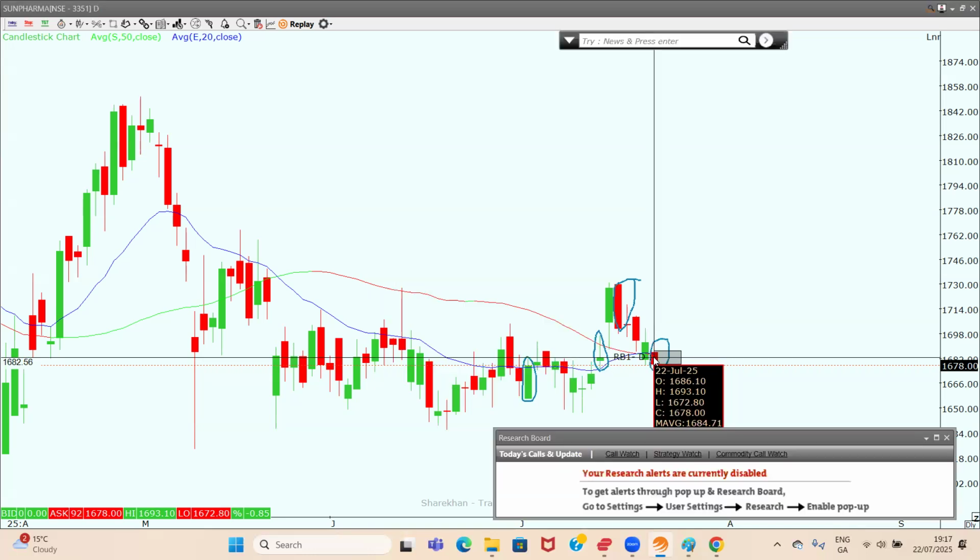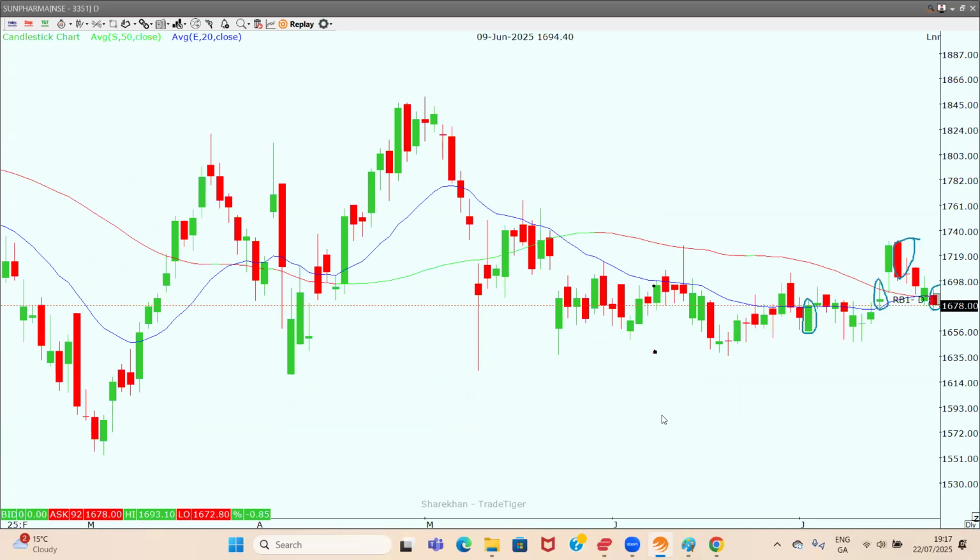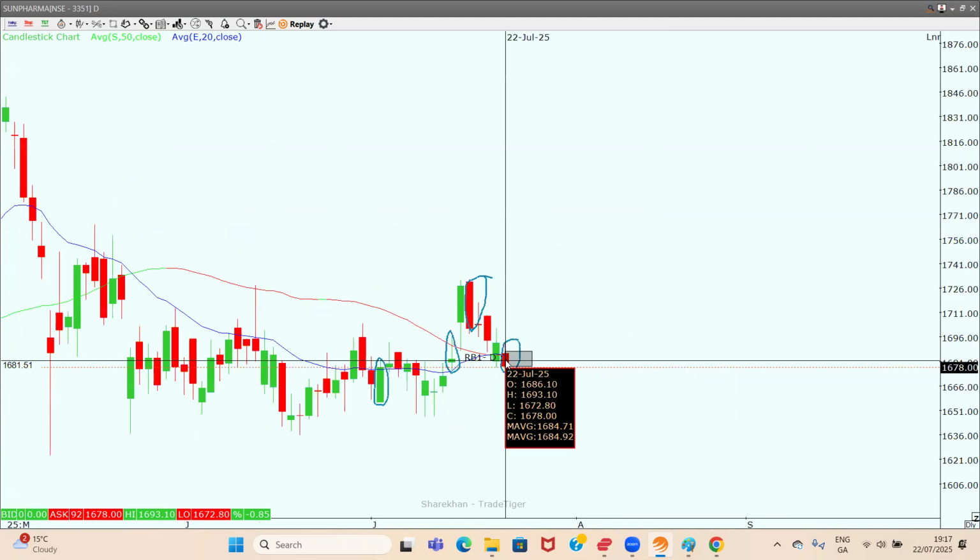You get me? If we are here, 1686 to 1678. So how much has the price moved? Only 8 rupees. And the whole candle has moved how much?